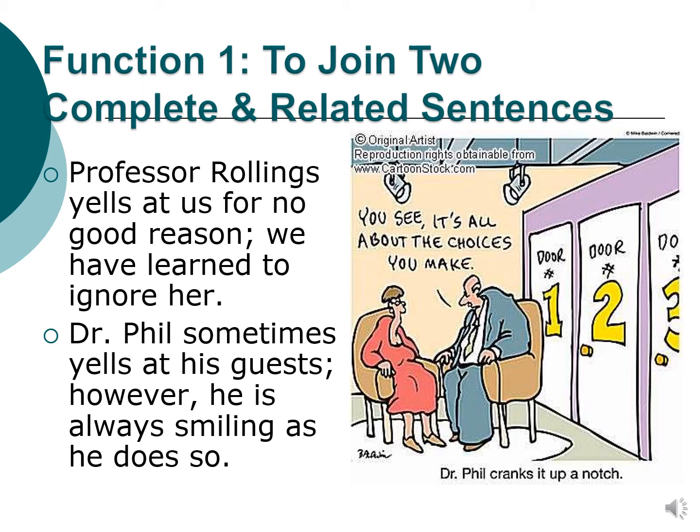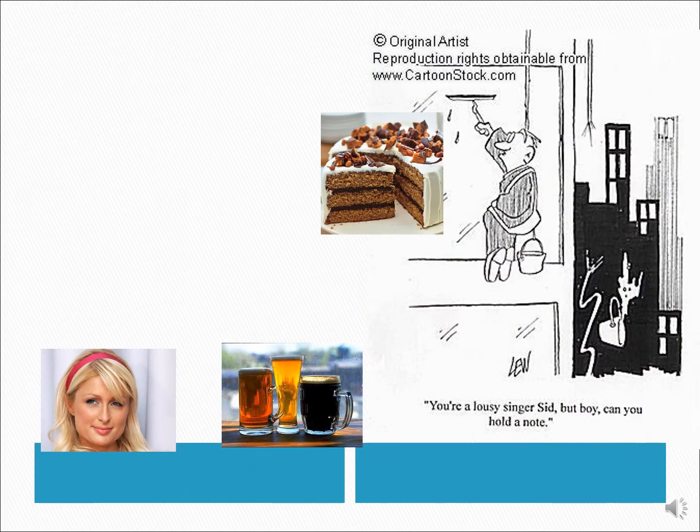So Dr. Phil sometimes yells at his guests. That's a complete sentence. However, he is always smiling as he does so. And remember, we look specifically at how to use a semicolon with a transitional word followed by a comma. So beautiful construction here, and exactly what you would want. Related ideas connected by the semicolon.